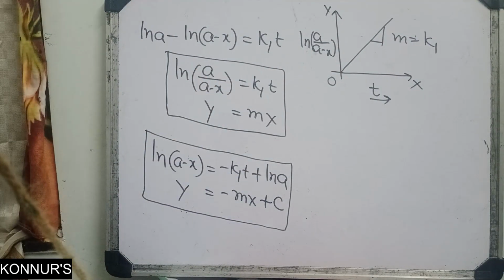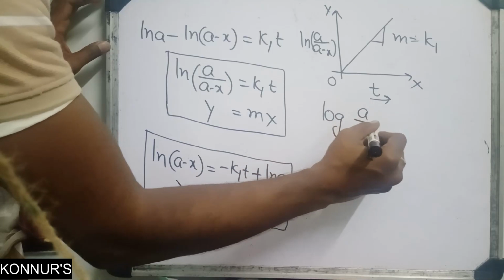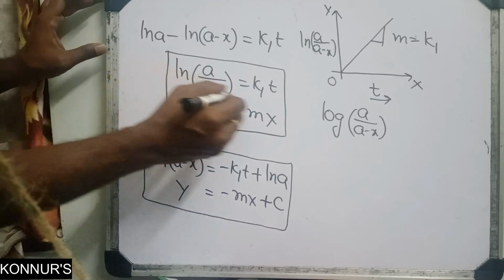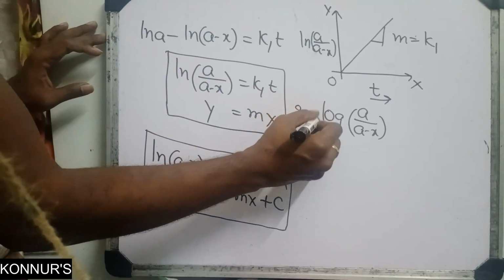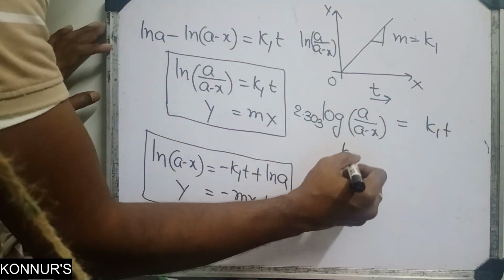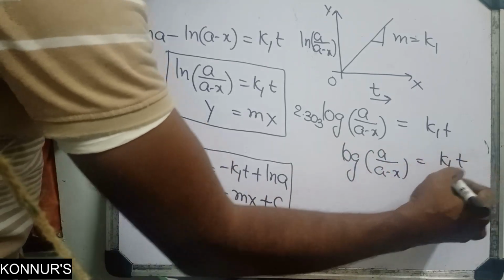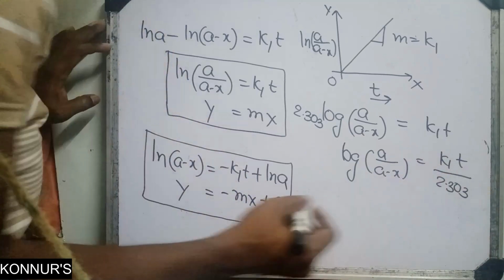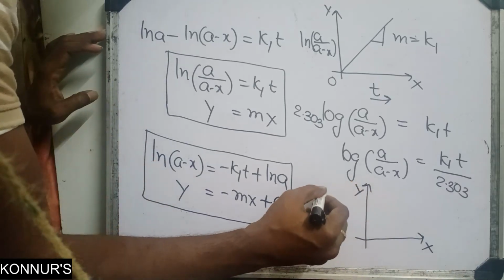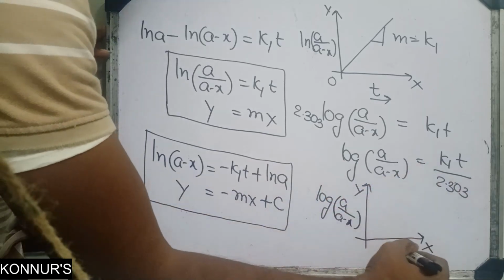One more: ln equals 2.303 log, so 2.303 log of A by A minus x equal to K1t. That is, log of A by A minus x equal to K1 by 2.303 times t. Here also you plot log of A by A minus x on the y-axis and t on the x-axis.